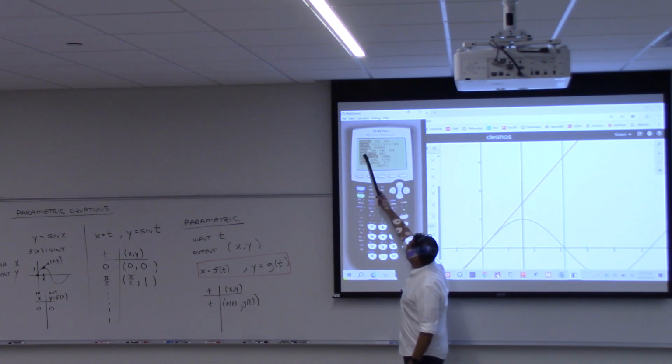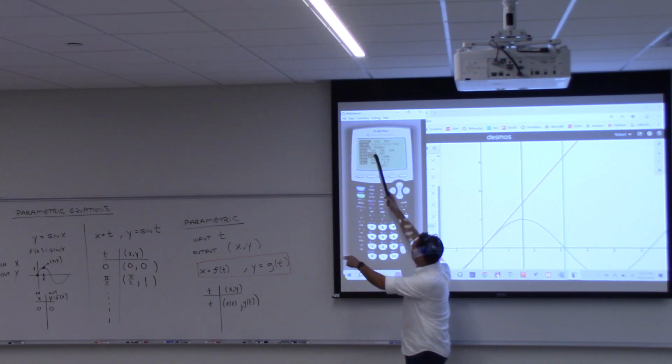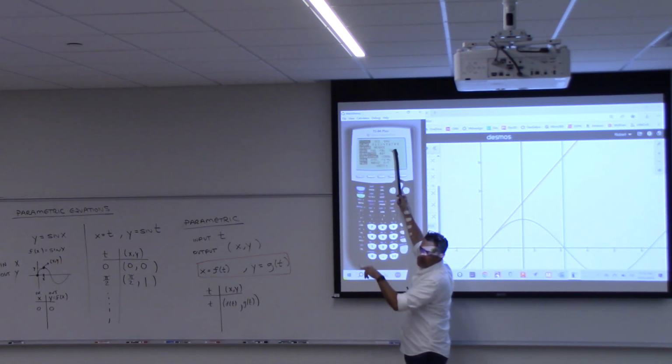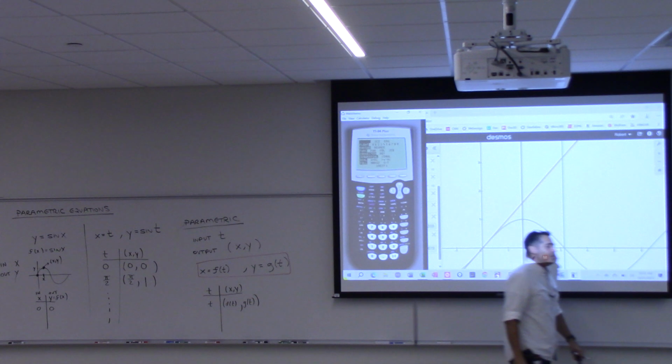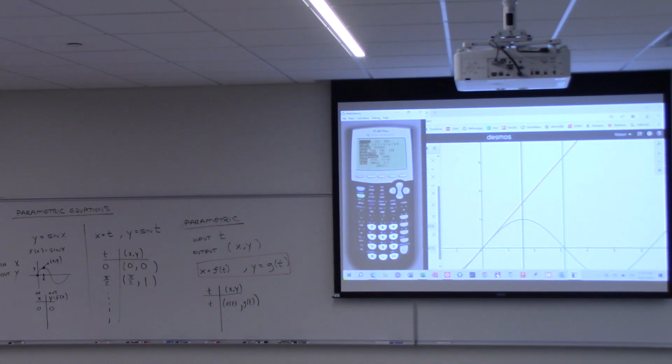That's function mode, parametric mode, polar mode, and sequence mode. We're going to switch it to parametric mode. Move to the right and hit enter. Highlight over par, hit enter, and then you can hit escape.